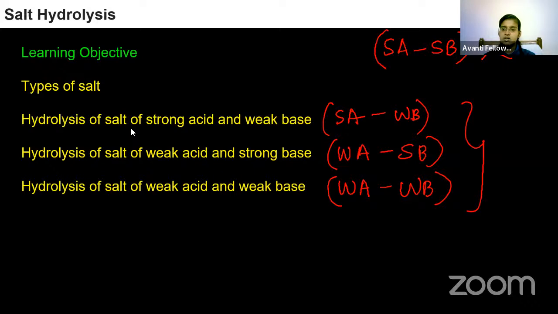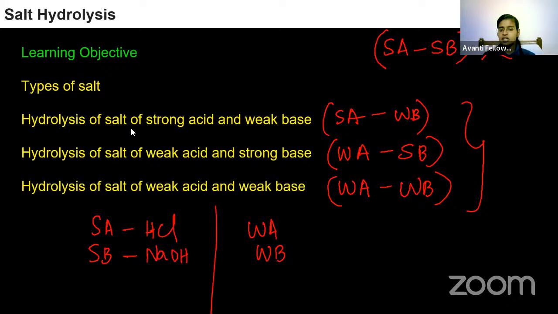Before moving on, I would like to give one example for each. Let me go: strong acid, strong base, weak acid, weak base. The example for strong acid is HCl, and the example for strong base is NaOH.